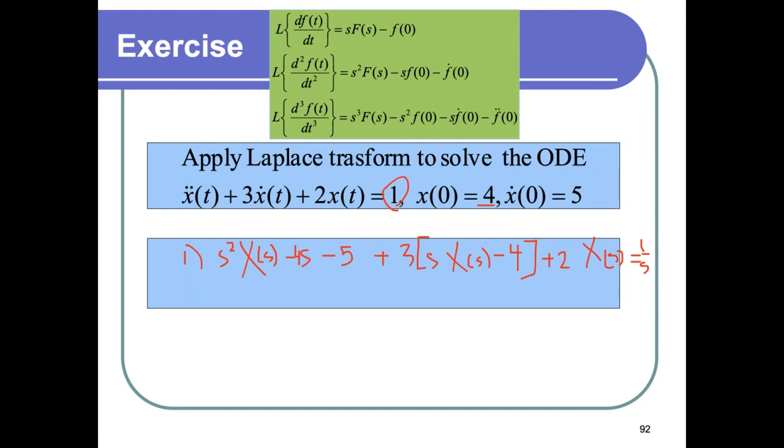Now we need to factorize X of s, take the common factor, and also rearrange things a little bit. So we have X of s multiplied by s squared plus 3s plus 2. Then what about the other parts? Let me just remove this positive sign.